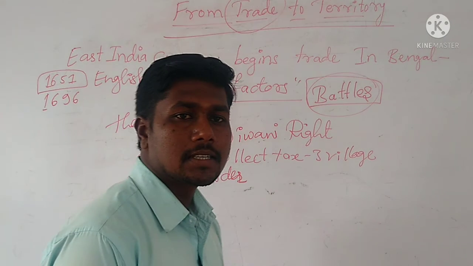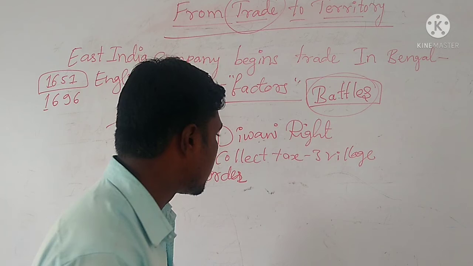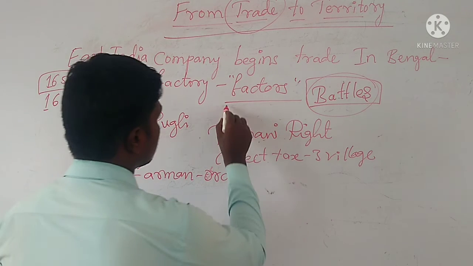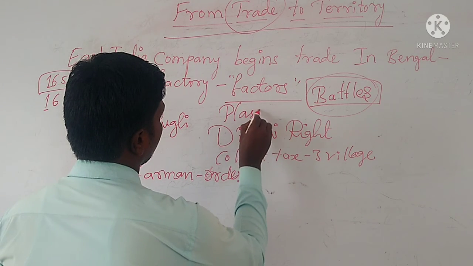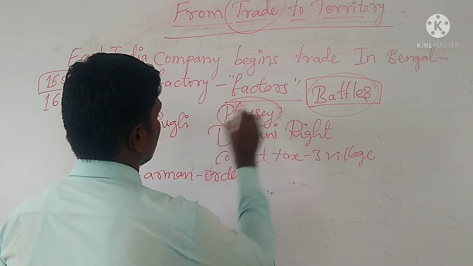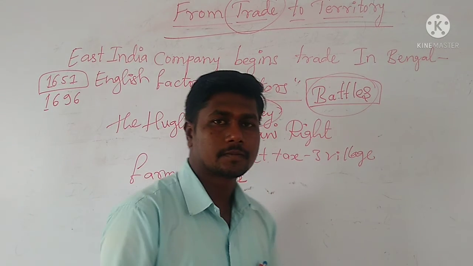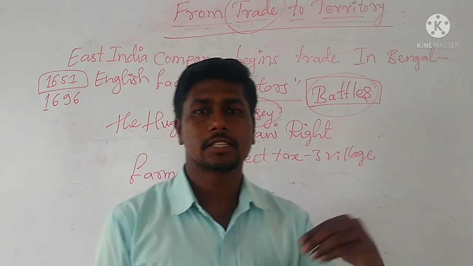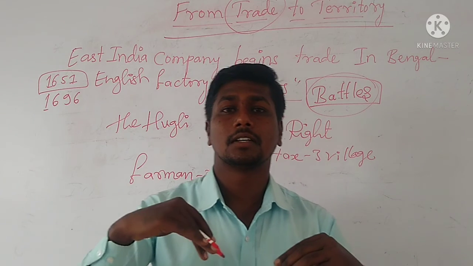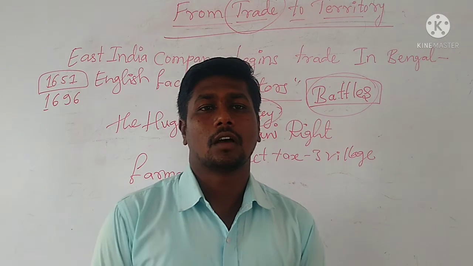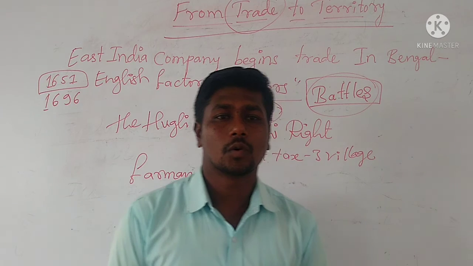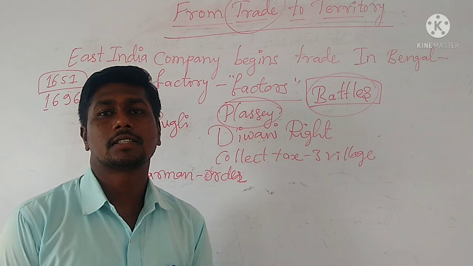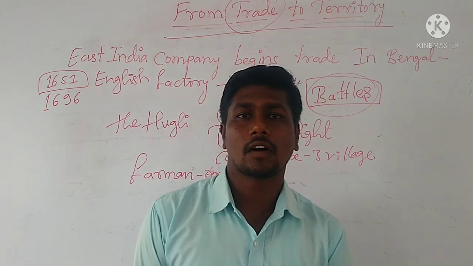The Battle of Plassey was fought between the English East India Company and Siraj-ud-Daula, in 1757.